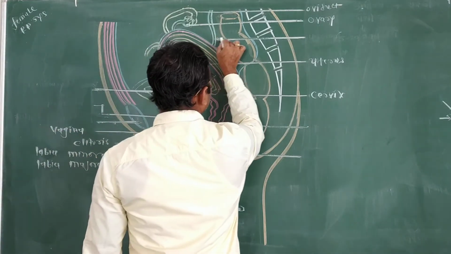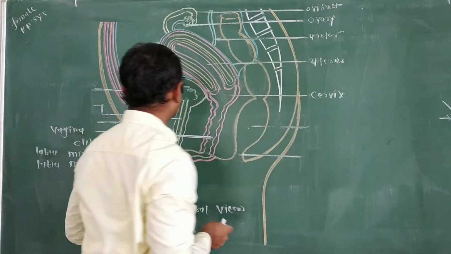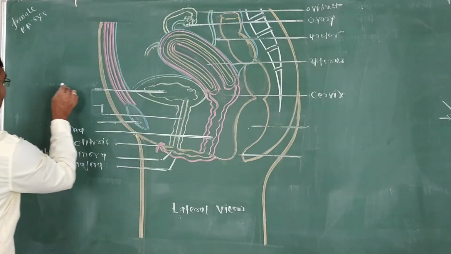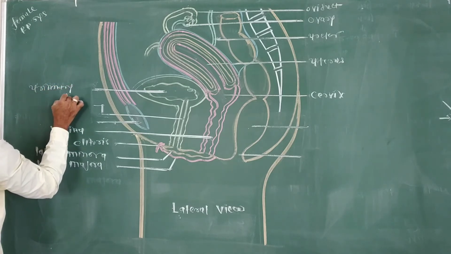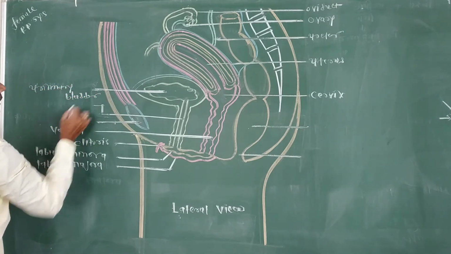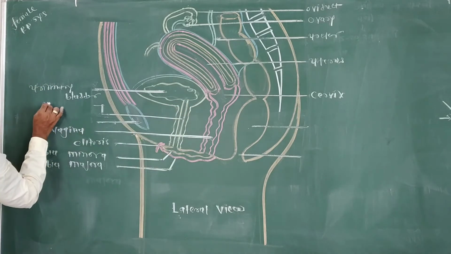Now this is the duct coming from the kidney, the ureter. Two ureters open into the urinary bladder. The urinary bladder opens outside through one duct, the urethra.